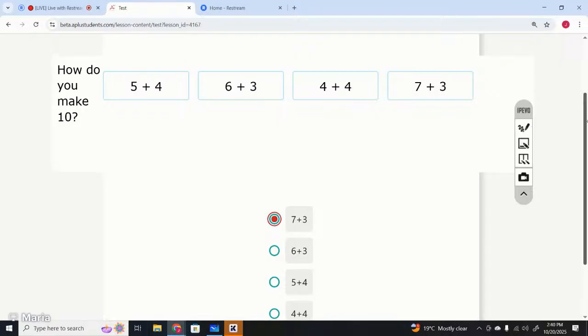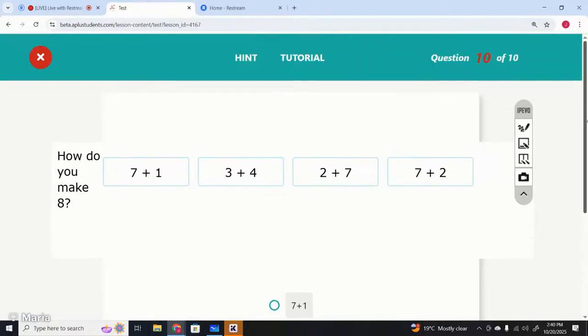Option number 1 is the correct option. Complete the lesson by yourself later today.